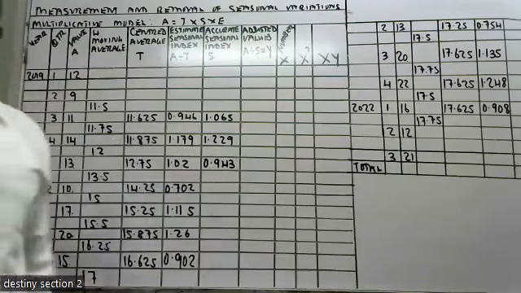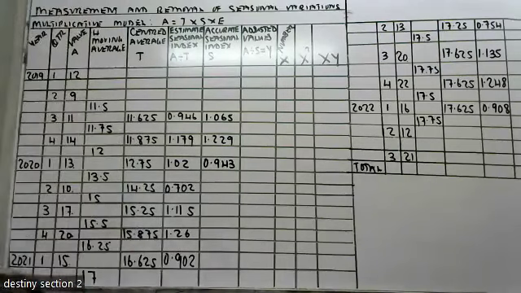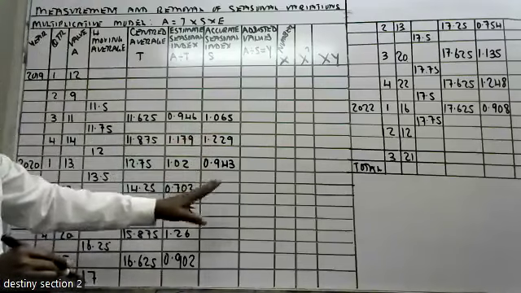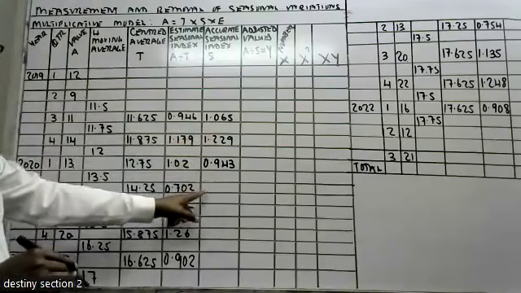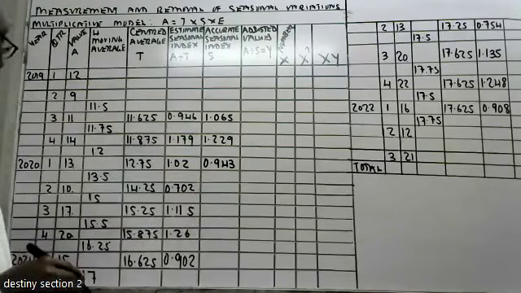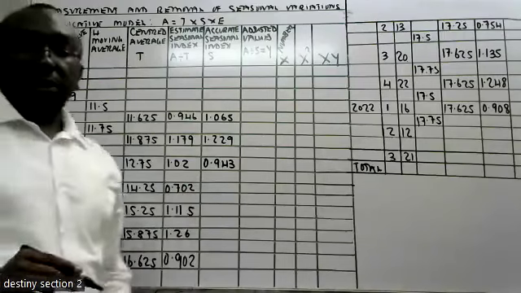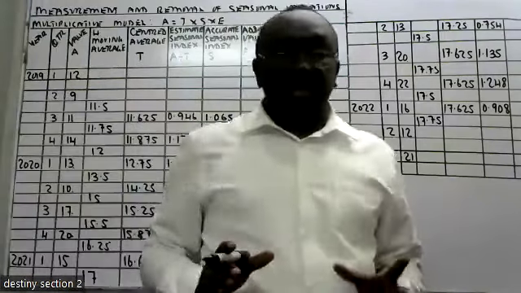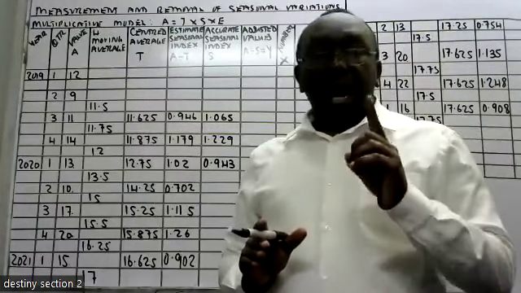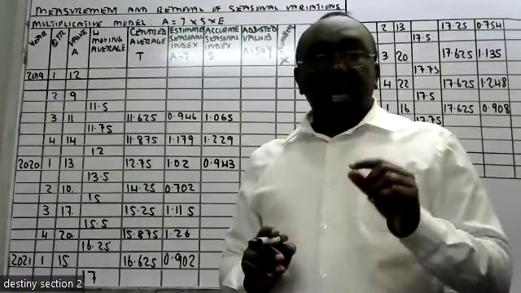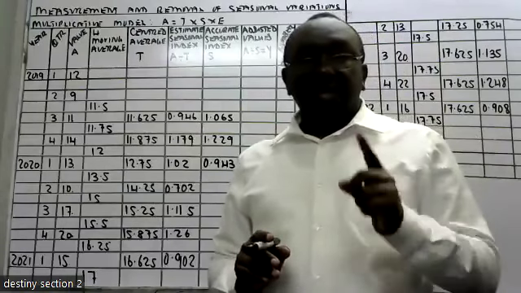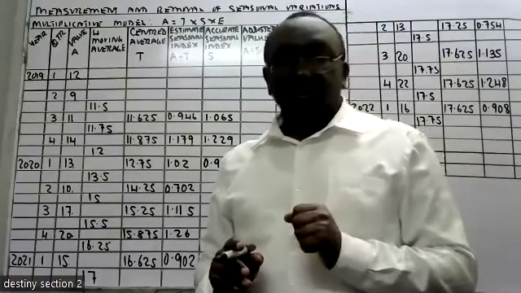Now, what you can see, we already have 3 values for 3 quarters. The one that we do not have is this one for quarter 2. So what you do after you have gotten those 3, you add them and determine what value remains so that they add to 4.